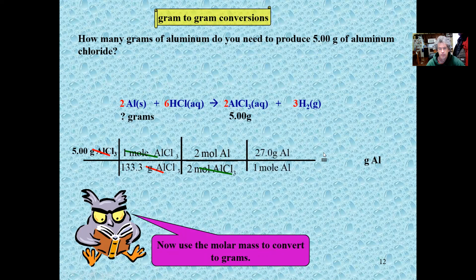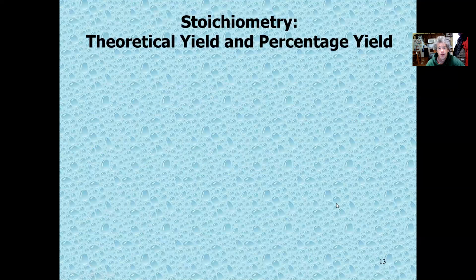So 27.0 grams of aluminum is 1 mole of aluminum. Moles of aluminum cancel, and we're left with grams. And when you do the math, 5.00 divided by 133.3, times 27.0 equals 1.01 grams of aluminum. Once again, units match.